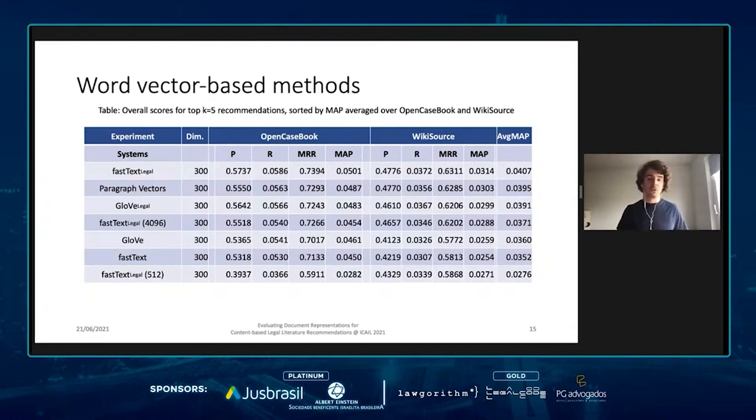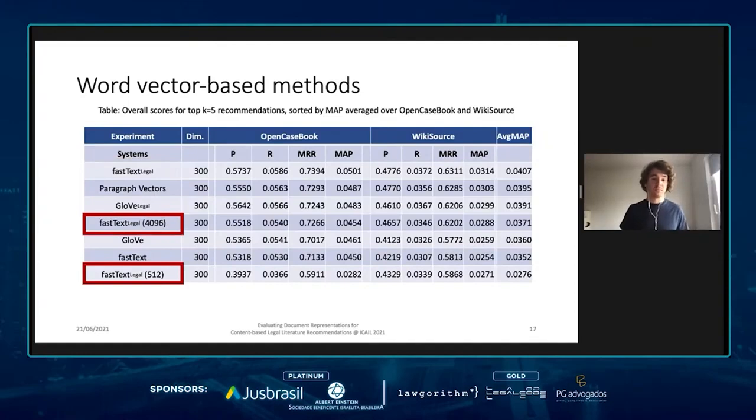Now, for more insights, let's look at the method categories separately. Here in this table, we see all the word vector-based methods that we evaluated. At the top, again, we have the domain-specific word vectors that utilize the full article text.